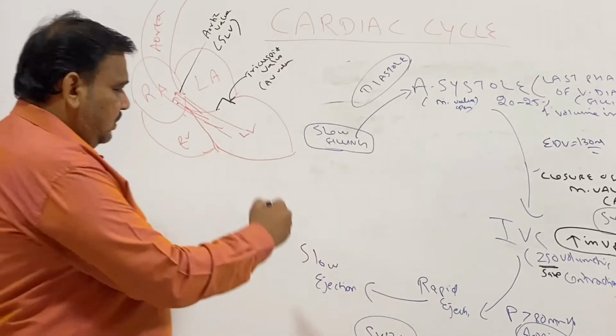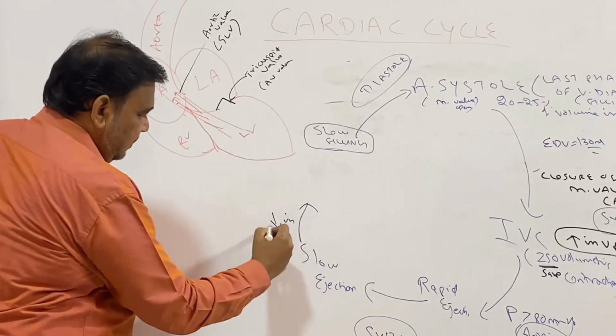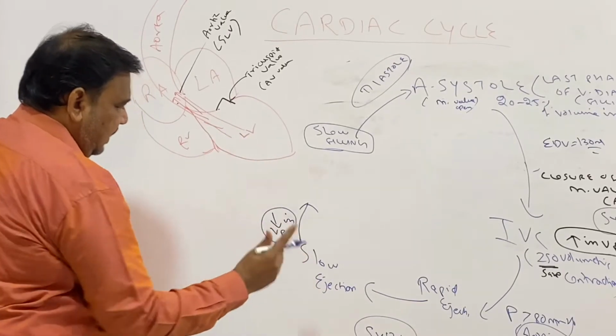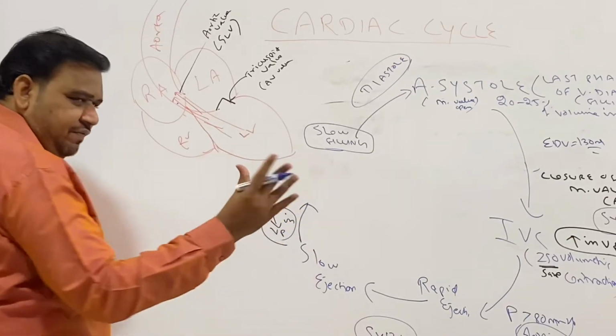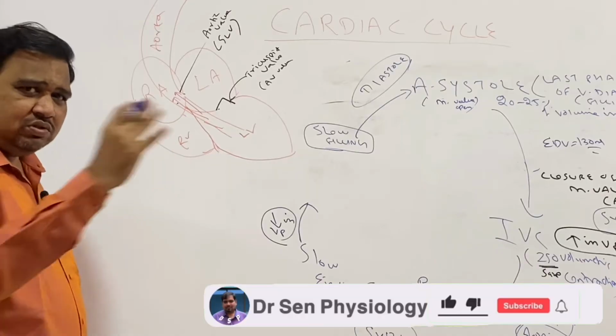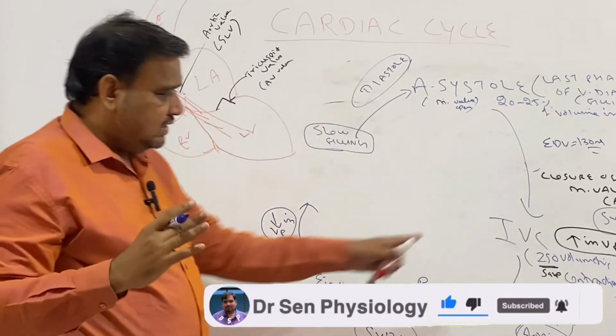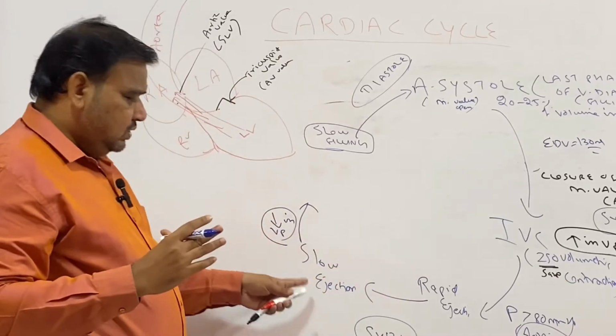Now what happens once the blood goes? So now the pressure decreases. There will be decrease in ventricular pressure as the ejection phase is about to complete. Just listen, the systole is about to complete. Systole, diastole. Now we are discussing systole: isovolumetric contraction, rapid ejection, slow ejection.